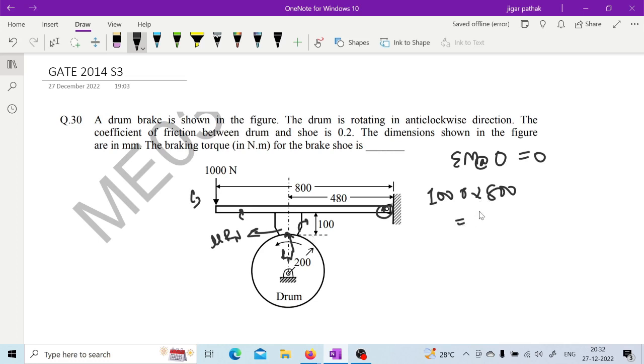So this mu Rn into 100, plus this Rn into 480, right? Correct? So this will give you the relation between this frictional force and Rn.